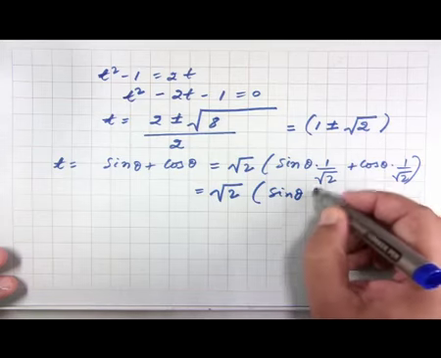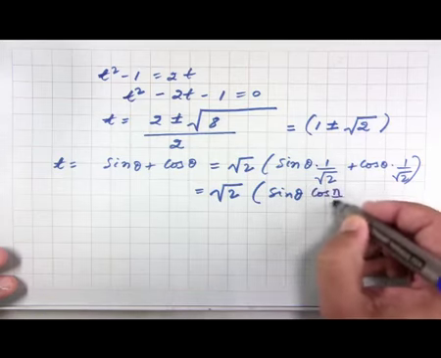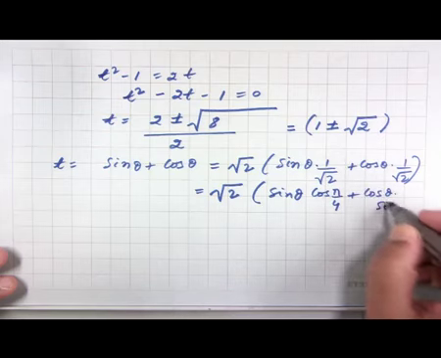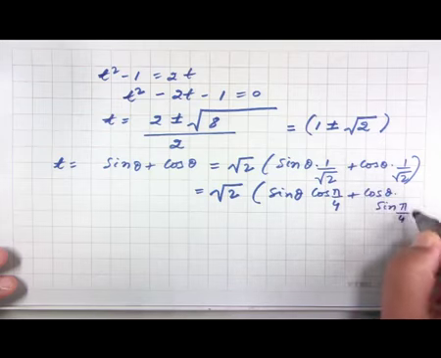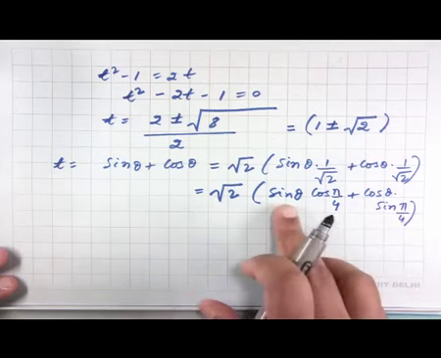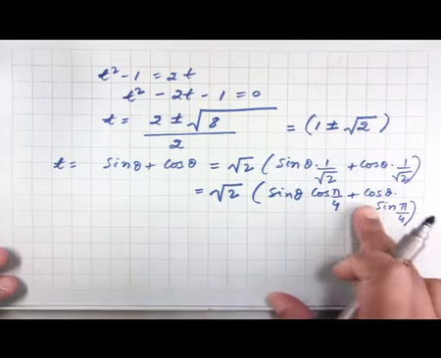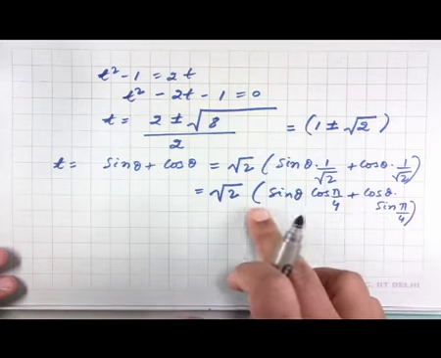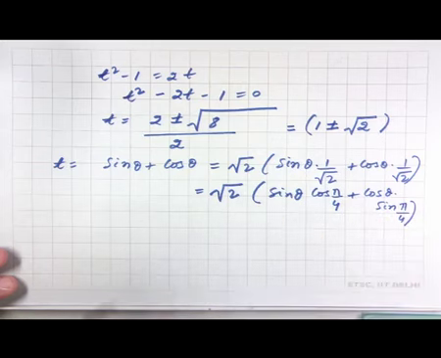So we can write sin theta into cos pi by 4 plus cos theta into sin pi over 4. This is again of the form sin A cos B plus cos A sin B, and therefore the expression inside the braces is sin of theta plus pi by 4.